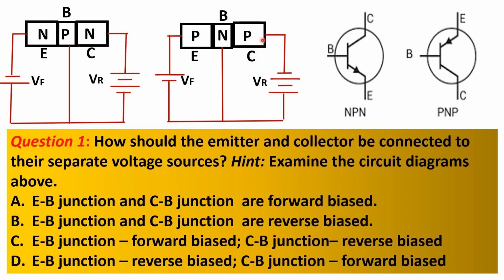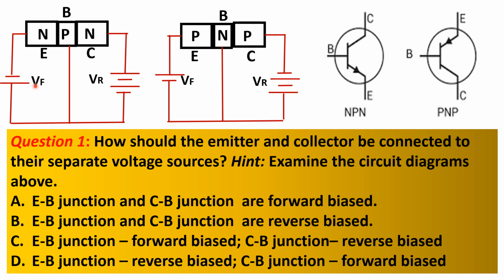So it doesn't matter whether you're talking about NPN or PNP, they are both characterized by the same type of biasing. Forward bias for the emitter base and reverse bias for the collector base junction. As represented here, V stands for voltage.